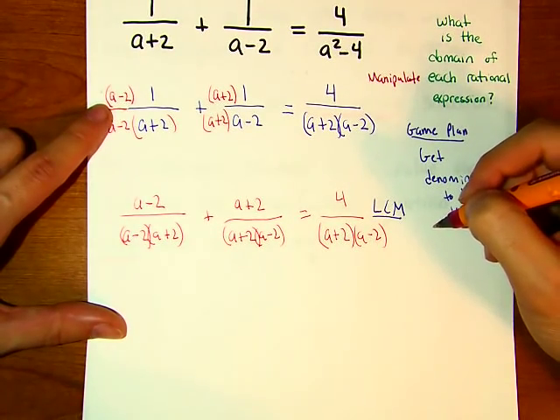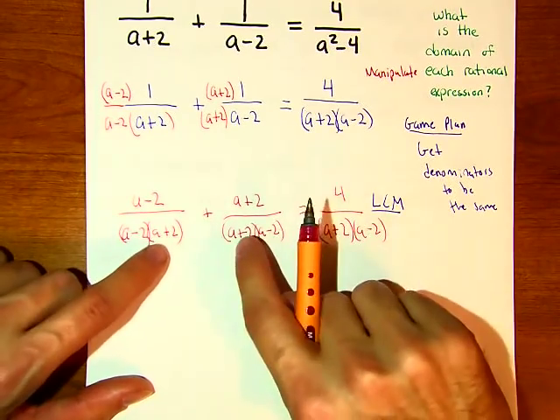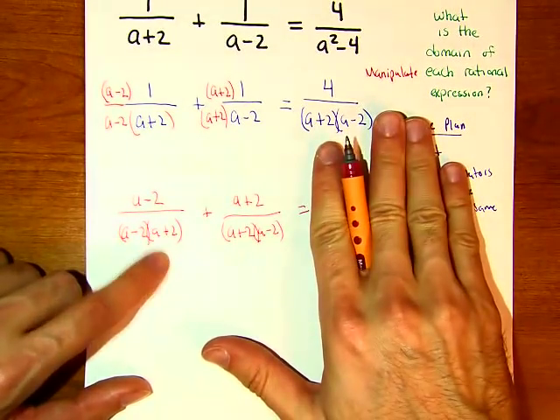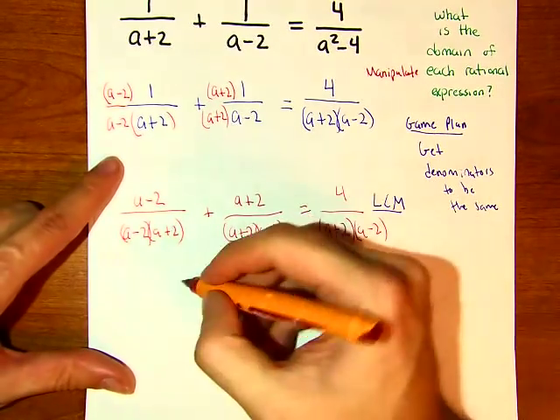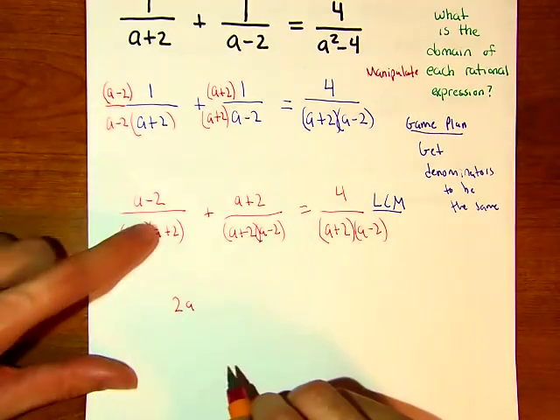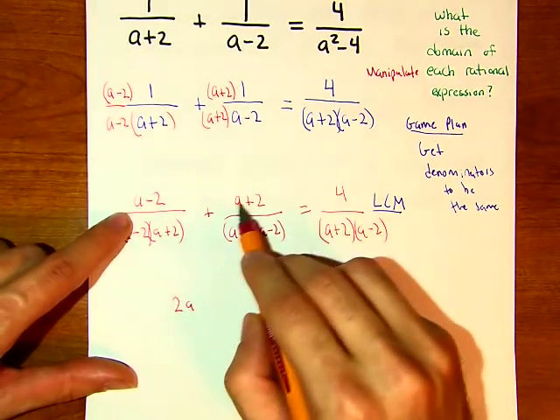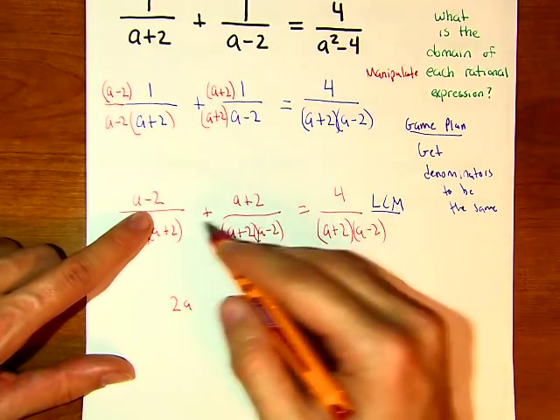Okay? And what do we get? Notice that all the denominators are the same. So what can we do with this side of the equation? We have denominators the same, so we can add the top. We can add these two. This a plus a is 2a, and minus 2 plus 2, that's just 0. That cancels.